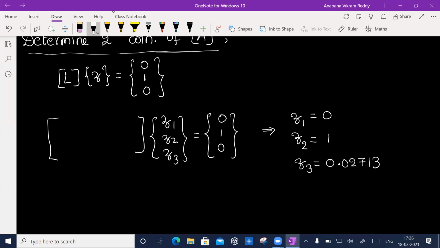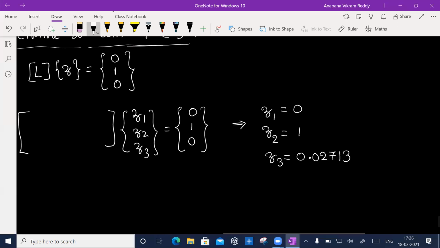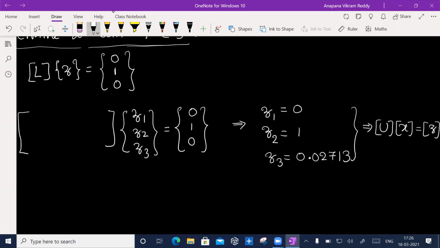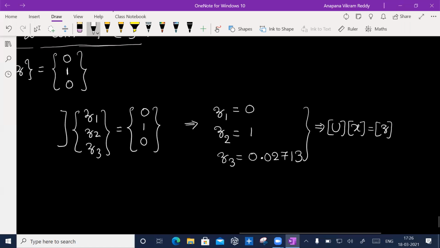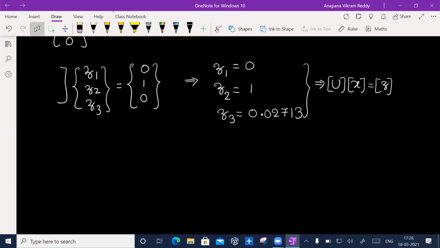Then you substitute Z1, Z2, Z3. Where do you do this? In Ux equal to Z. So substitute here Ux equal to Z. All right. So you know my U again, right? It's needless to write it again and again, okay?